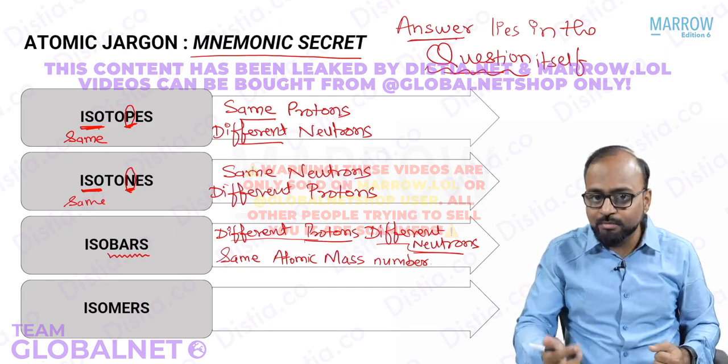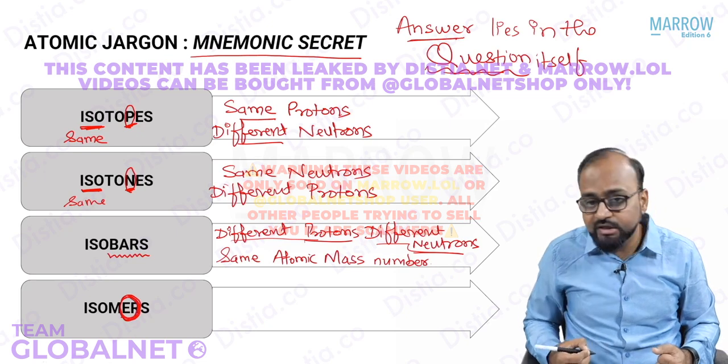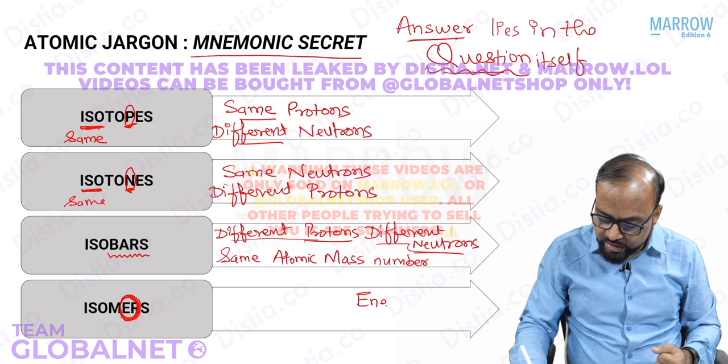Now let us come to isomers. What are isomers? Just focus on the word isomers. In isomers, just focus on E and R. Remember that E and R stand for energy.